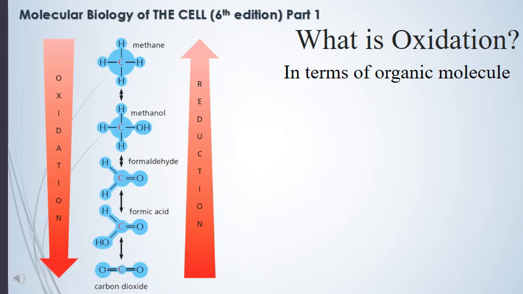So carbon dioxide is the most oxidized form of carbon in comparison to methane. Now, an interesting thing is, methane is highly flammable and carbon dioxide is not flammable at all.